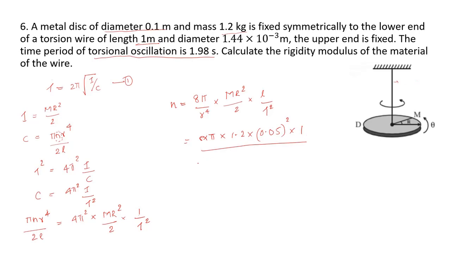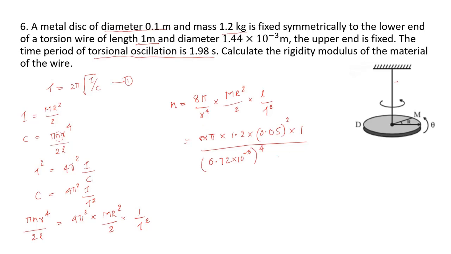Now for the radius of the material, again we are given a diameter, so let's divide it by 2. So the radius of the material is 1.44 divided by 2, that is 0.72 into 10 to the power negative 3. It is the radius of the material.